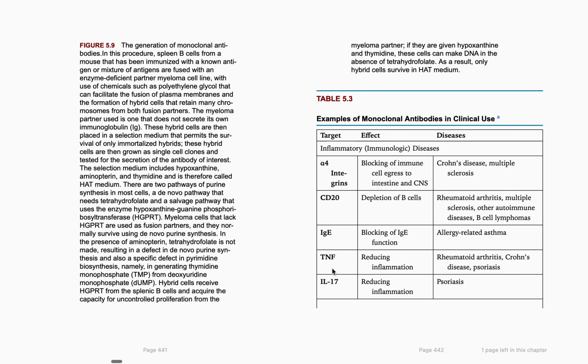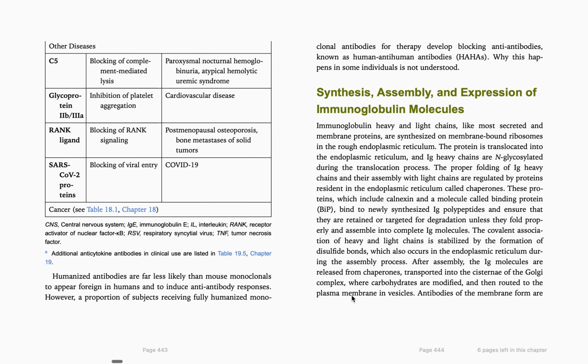We have tumor necrosis factor, reducing inflammation, and they are used for treating rheumatoid arthritis, Crohn's disease, and psoriasis. We have interleukin 17, reducing inflammation, used for treatment of psoriasis. Apart from that, we have C5, blocking complement-mediated lysis, and they are used to treat paroxysmal nocturnal hemoglobinuria and atypical hemolytic uremic syndrome.